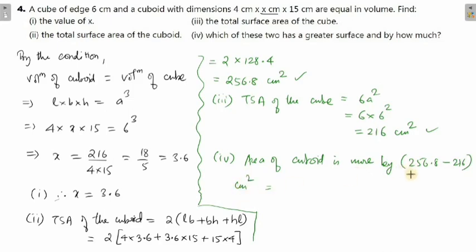When you find the difference, you get 0.8 already there. 6 minus 6 is 0, 5 minus 1 is 4, and 2 minus 2 is 0. So by 40.8 centimeters square, the area of the cuboid is more compared to the area of the cube. That's what you are asked to find as per the question here.